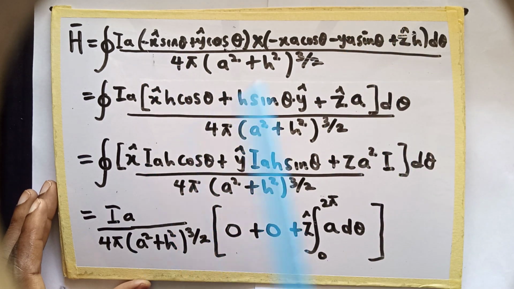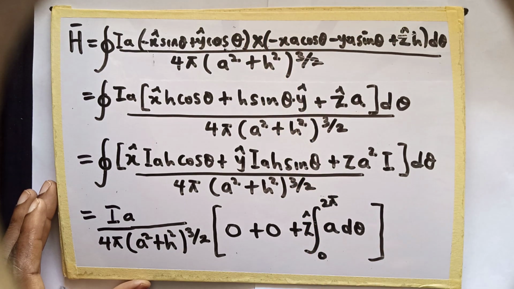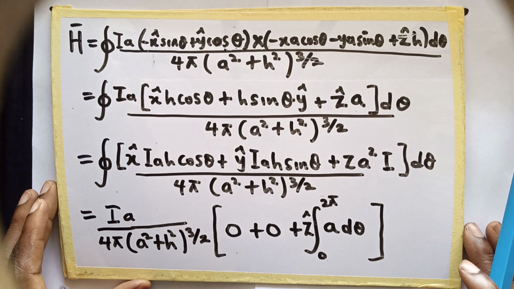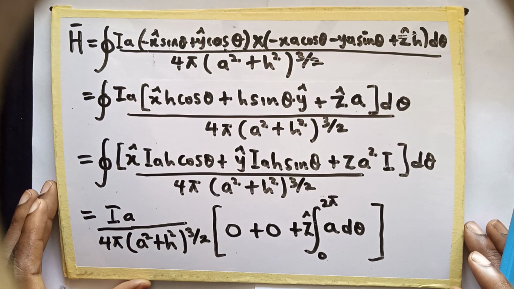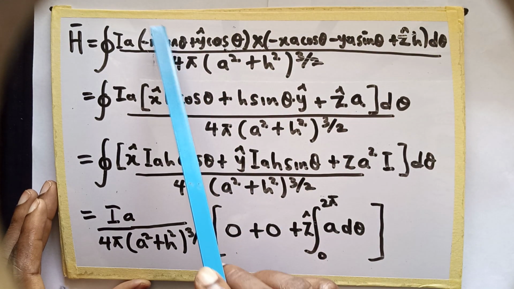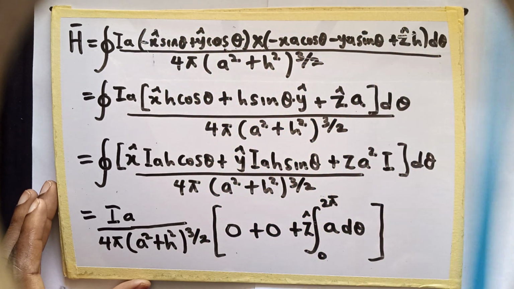From here, recall that this symbol, this expression here, is a cross product. So we have to take the cross product of this expression and this expression. To take the cross product, we'll take this one cross this, this cross this, this cross this.